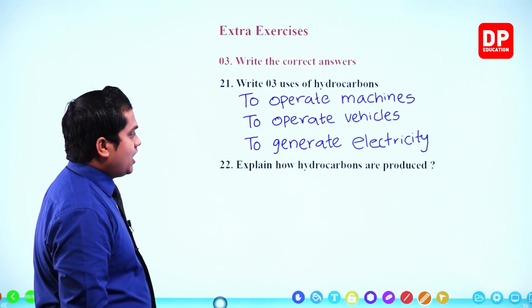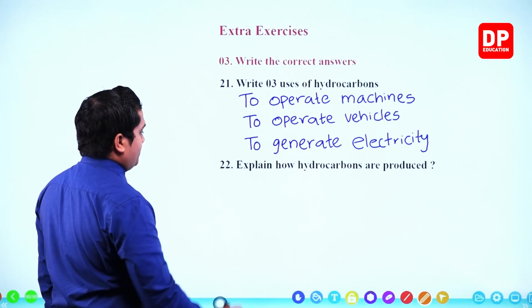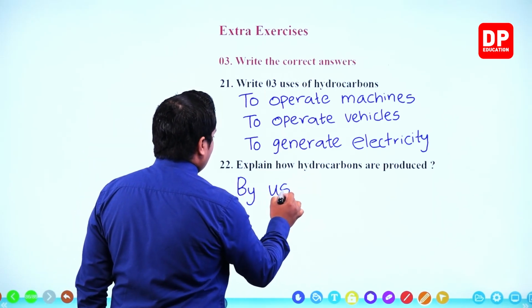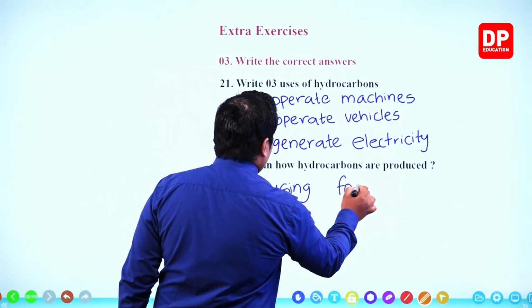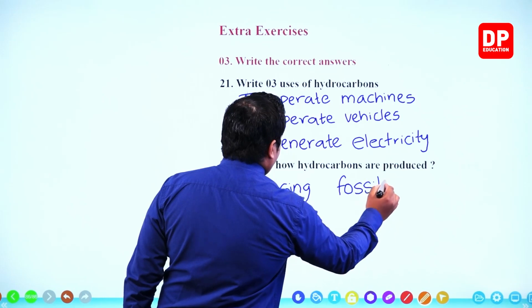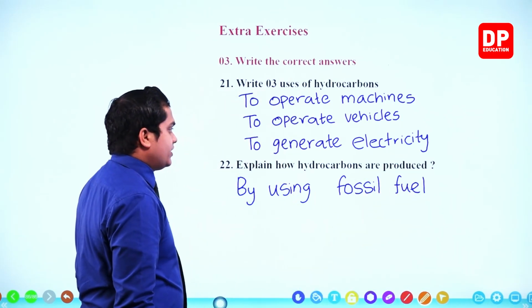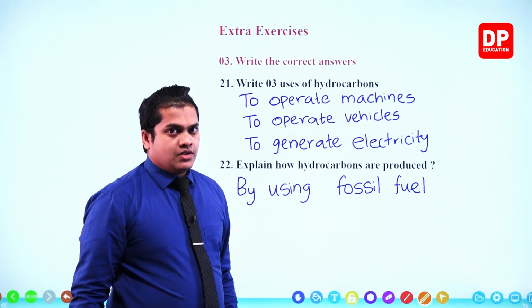Right. Explain how hydrocarbons are produced. Very simple, my dear children. By using fossil fuel. Most of the time by using fossil fuel, we can produce hydrocarbons.